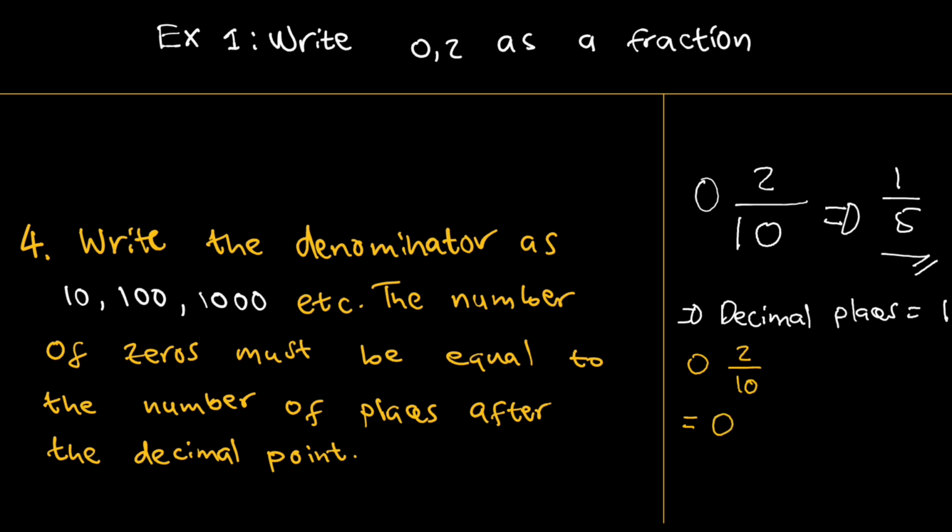So you have 0 plus, right? In between here there is a plus sign, right? And you can write this fraction as is. So it's 2 over 10.